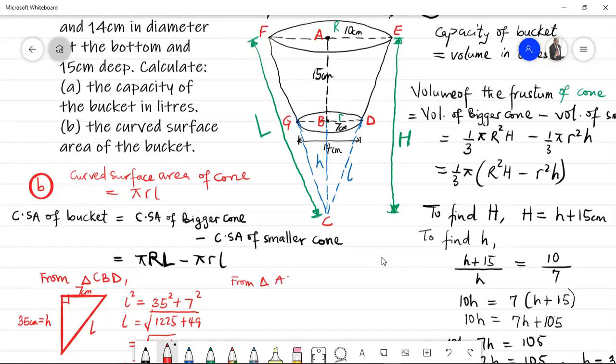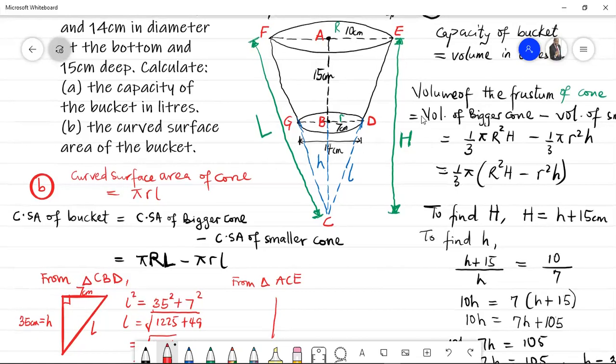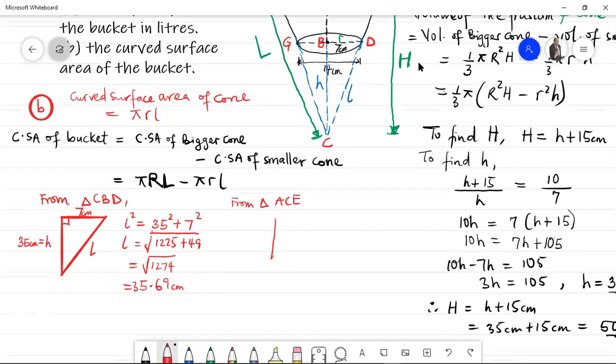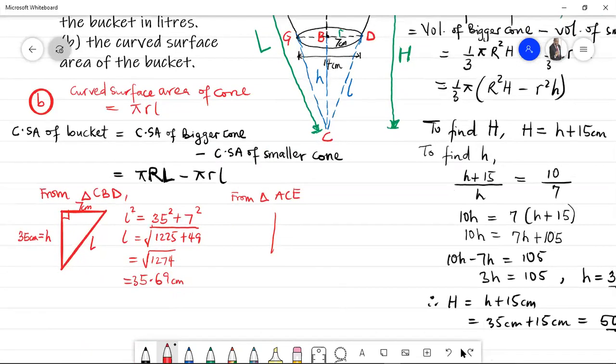Now that triangle ACE, if you follow through with the diagram, you will see it this way: 10, and then you have H plus 15, which is the big L. So this is how the triangle looks.